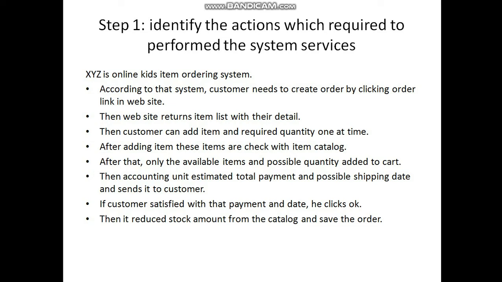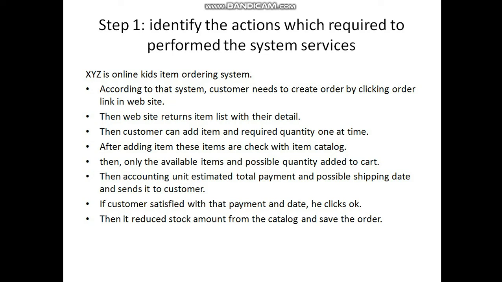First step is identifying activity which is needed to provide system service. First activity is create order. Second, display item list. Third, selecting item one by one. Fourth, checking availability.